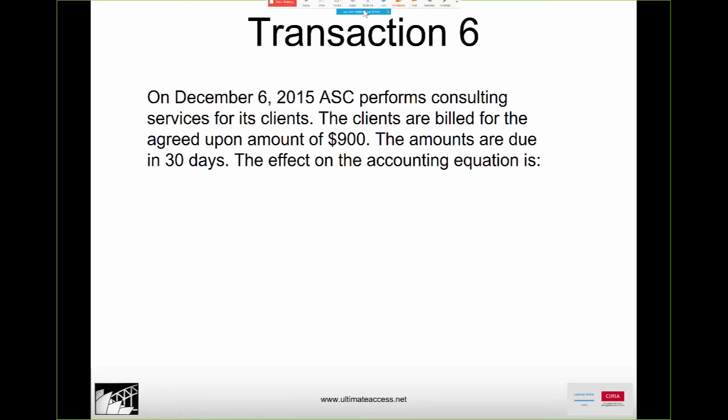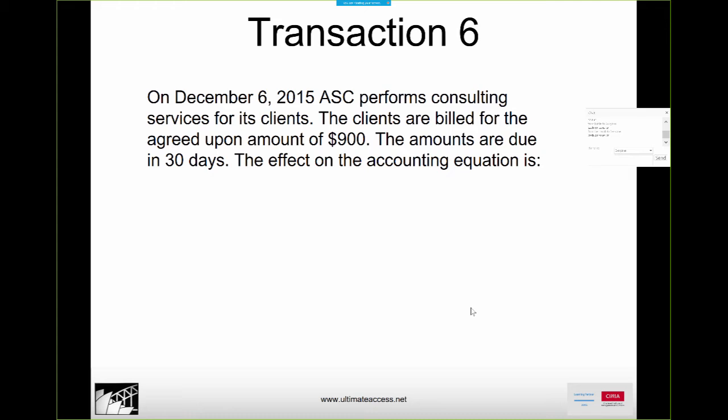Where is the debit and where is the credit? The sale is for 900. Credit sales, correct? Read the question very well. The amounts are due in 30 days.